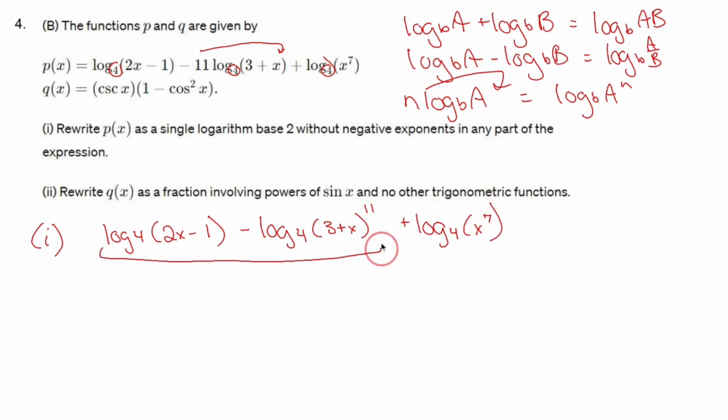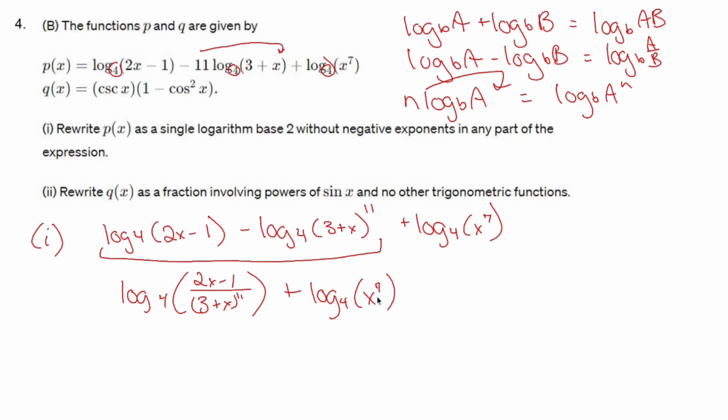These two we're subtracting. So let's do log base 4 of 2x minus 1 over 3 plus x in parentheses to the 11th. And we're still adding log base 4. Now, when you add two things, you multiply the insides, which is going to put x to the 7th up here in the numerator.